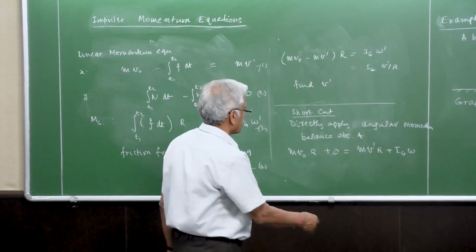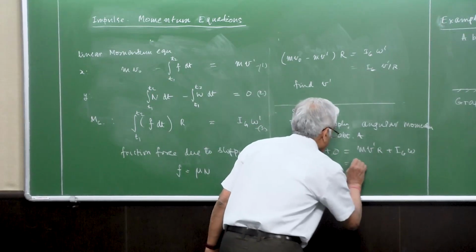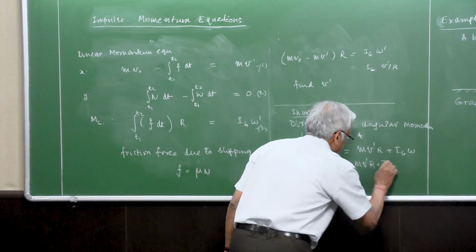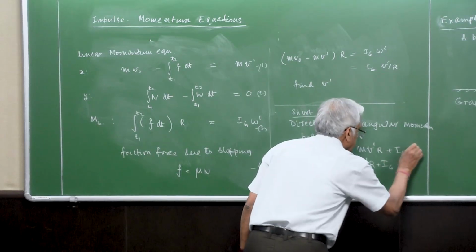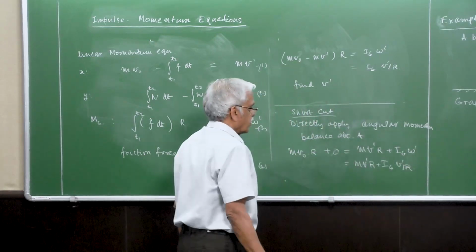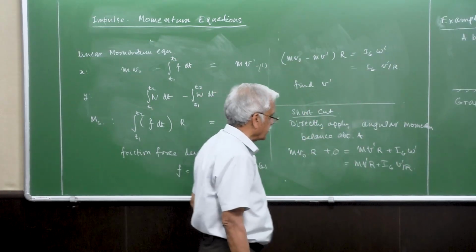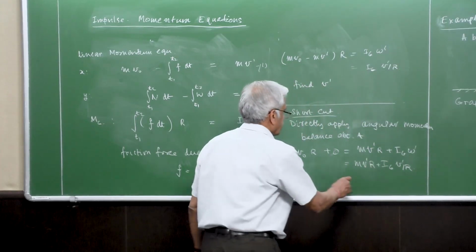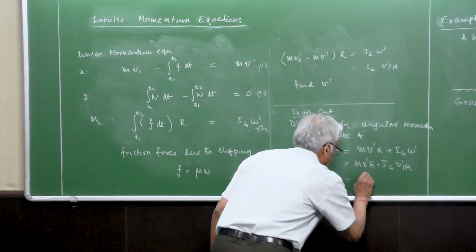So from this it's very easy to see: m v naught R equals m v prime R plus I_G times v prime over R. So this is how we can calculate. v prime can be taken out here.